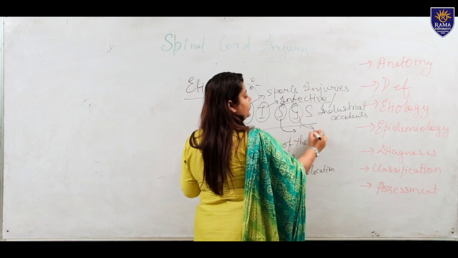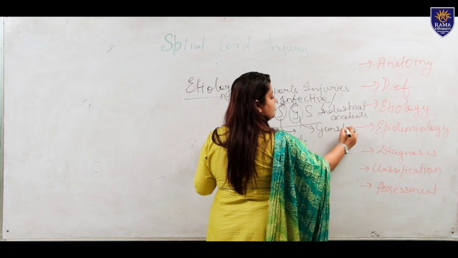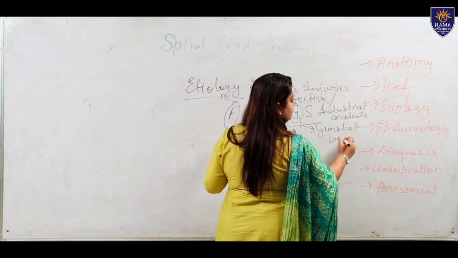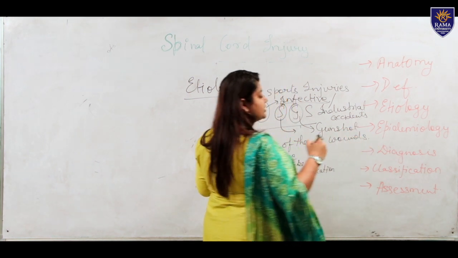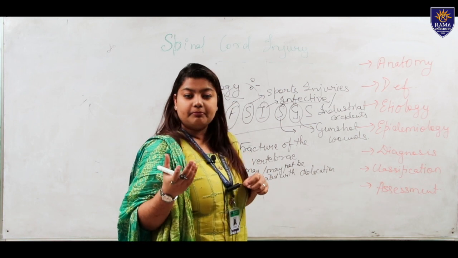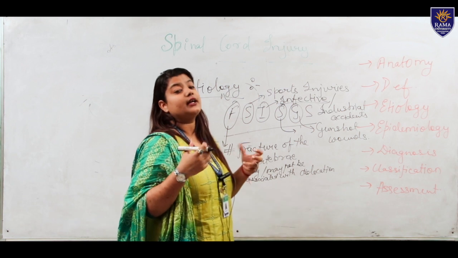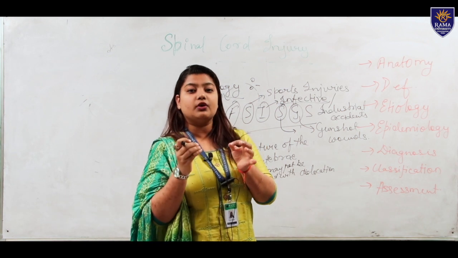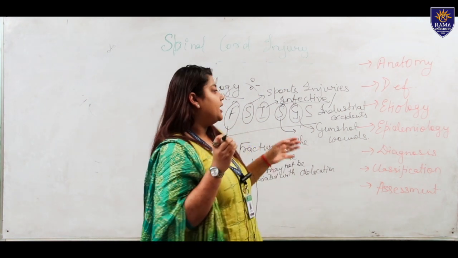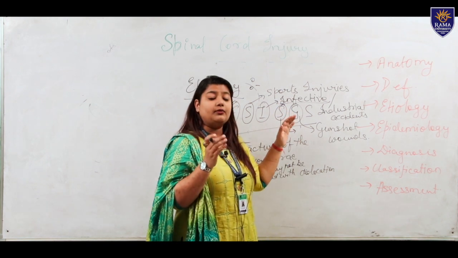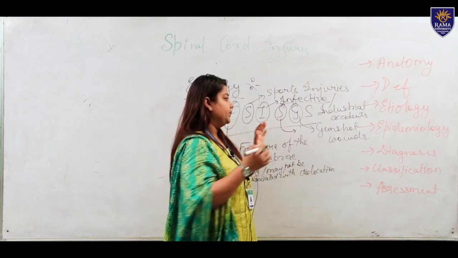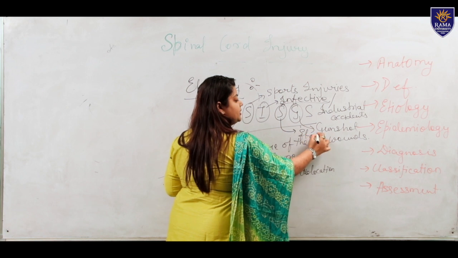this G is for gunshot wounds. Gunshot wounds, as in general, people who deal with bullets or guns, or if there is any firing of a bullet very close or near to the spinal canal, it could cause spinal cord injury, whether complete or incomplete. This S stands for stab injuries.